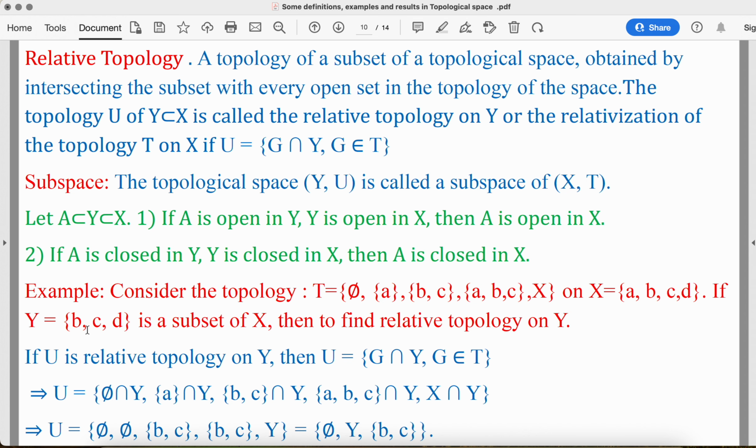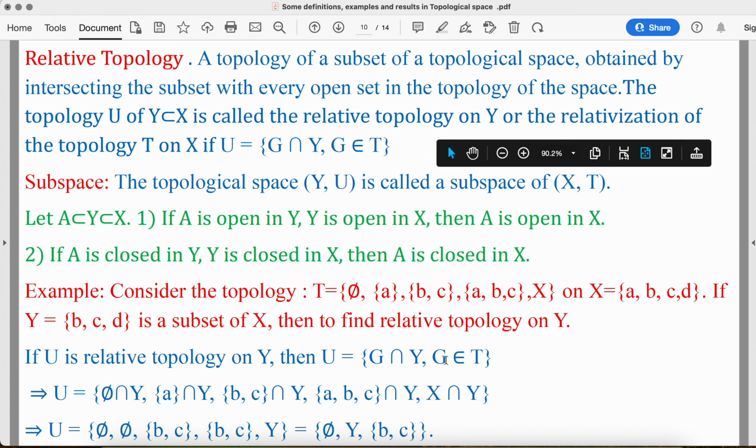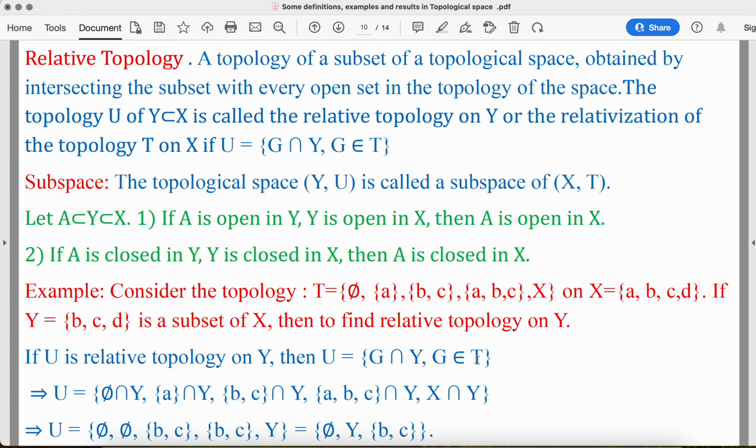And if Y is equal to the set consisting of BCD, so clearly Y is a subset of X, then we will find the relative topology on Y. Suppose we denote the relative topology on Y by U. Then by definition, U is equal to G intersection Y, where G belongs to T. It means U consists of phi intersection Y, A intersection Y, then BC intersection Y, then ABC intersection Y, then X intersection Y.